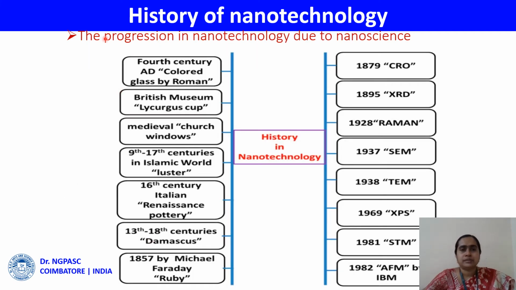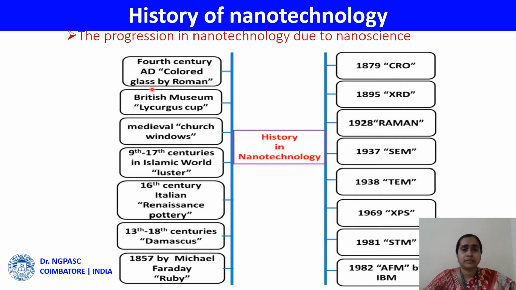So here you can see the progression in nanotechnology due to the advancements in nanoscience. On the left side you can see as the ages change from the 4th century till 1857, what had happened.